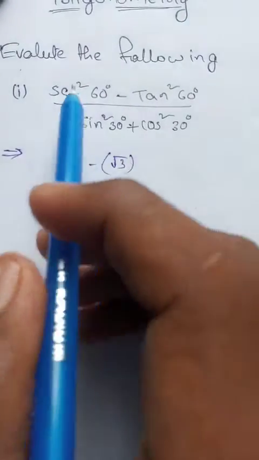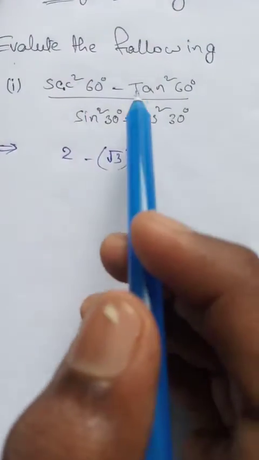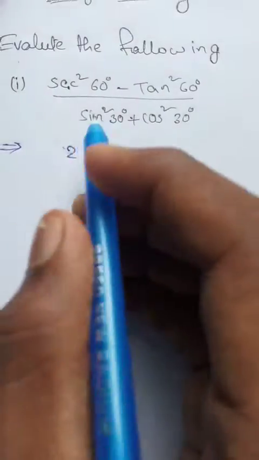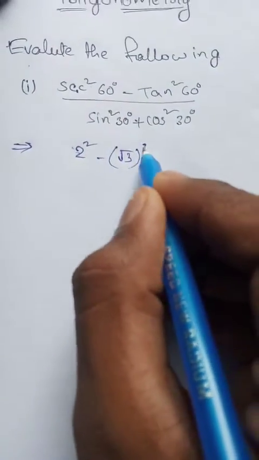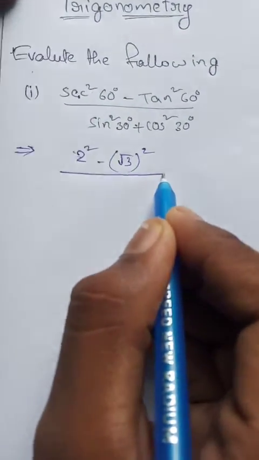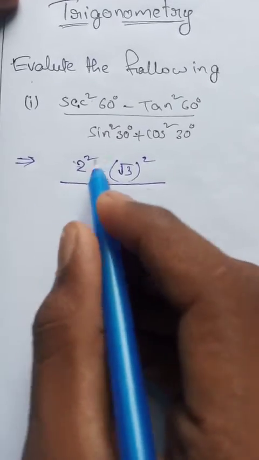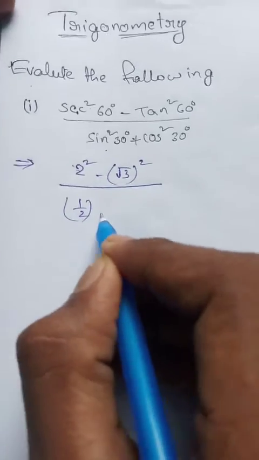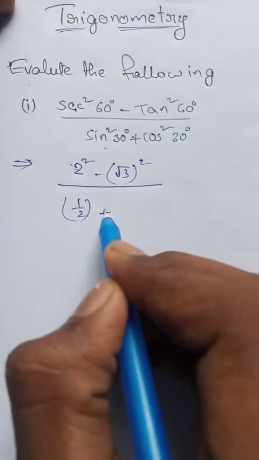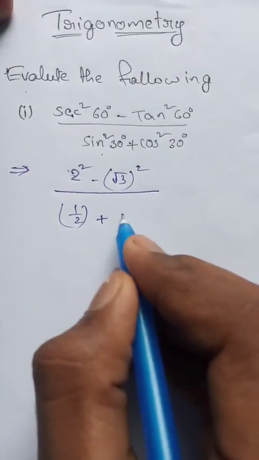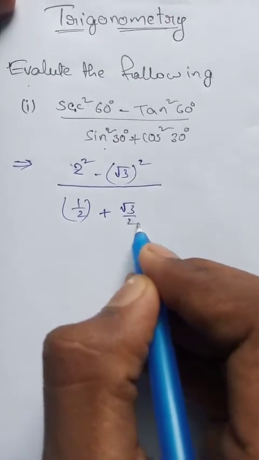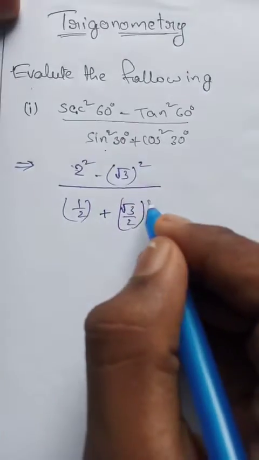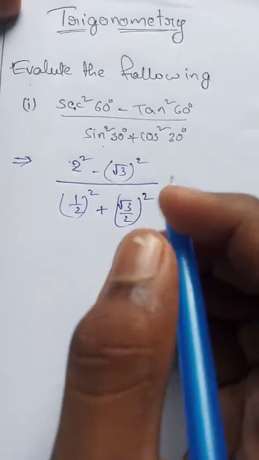Here squares are applied on both values, that's why we have to apply squares. Divided by, what is the value of sin 30? Sin 30 value is half, plus cos 30 value is √3 by 2. Here also both sides squares applied, that's why we have to apply squares.